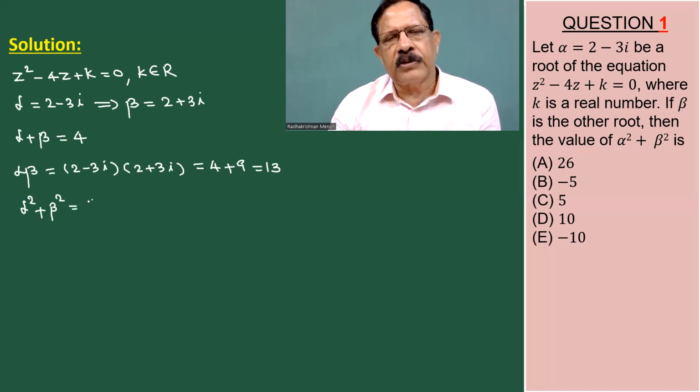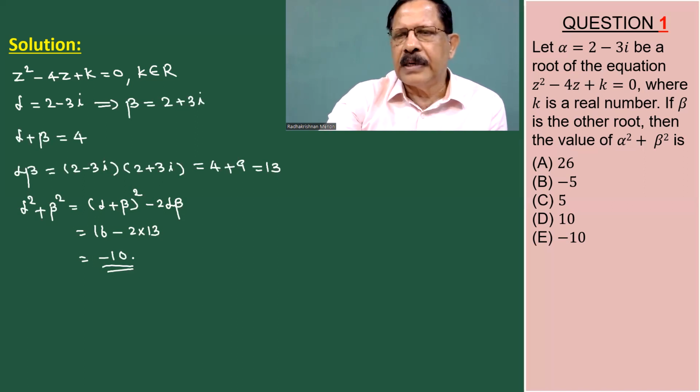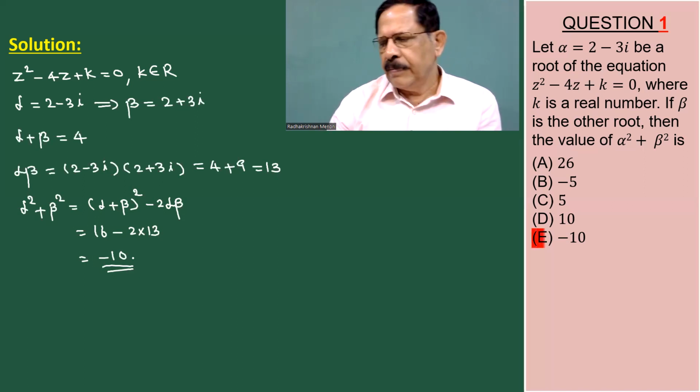Alpha squared plus beta squared is alpha plus beta the whole square minus 2 alpha beta. So it is 16 minus 2 into 13, which is equal to minus 10. So that is appearing in option E.